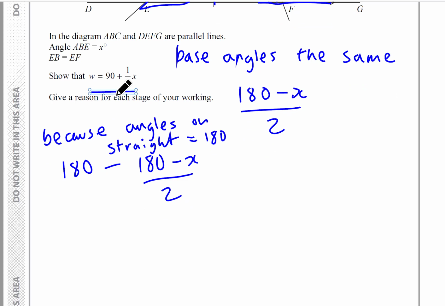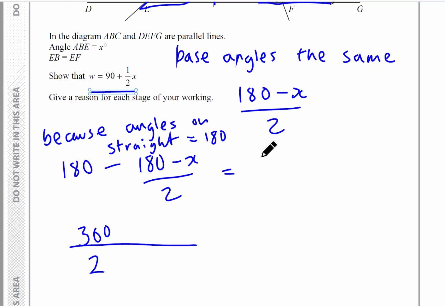Now we need to show that W equals this, so let's make it a single fraction where the denominators are the same. Because this is a fraction, if I times that by 2, 360 over 2 is the same as 180.